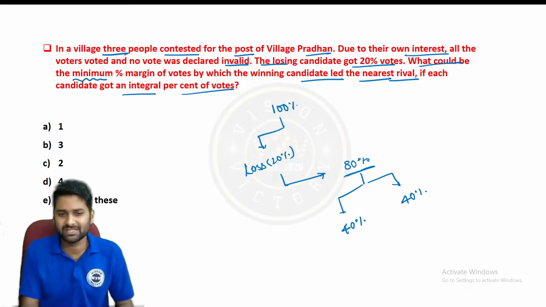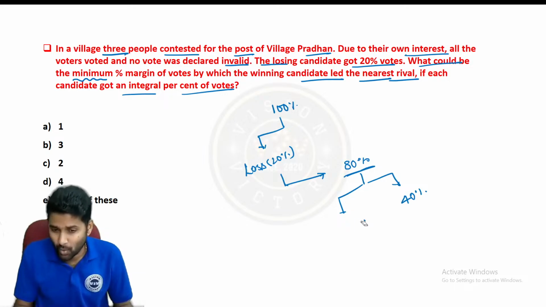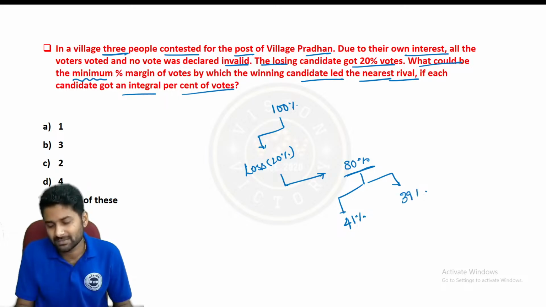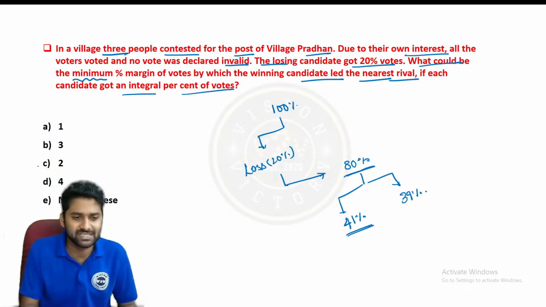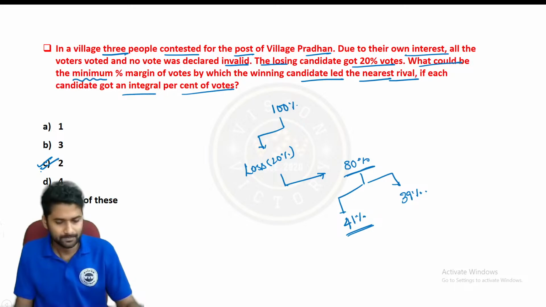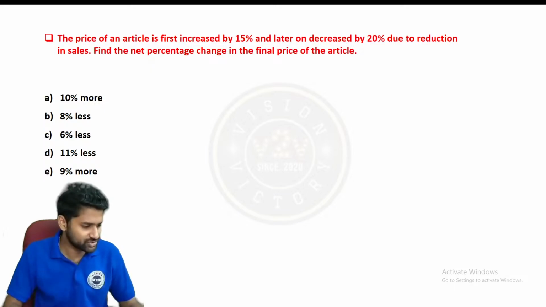They clearly mention the minimum percentage of margin by which the winner leads the nearest rival. So there is only one possibility. One person must get 41 percent and the other person must get 39 percent. Now the question, guys, how much percentage of margin did that person get? The answer is 2%. Next, on to the next question.